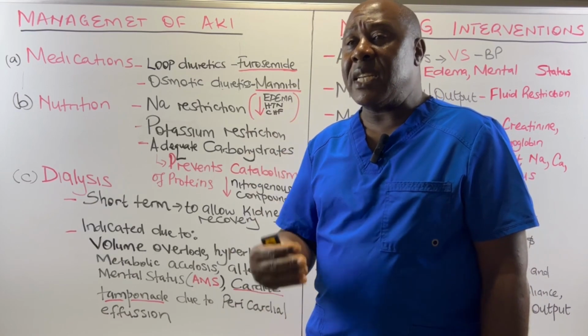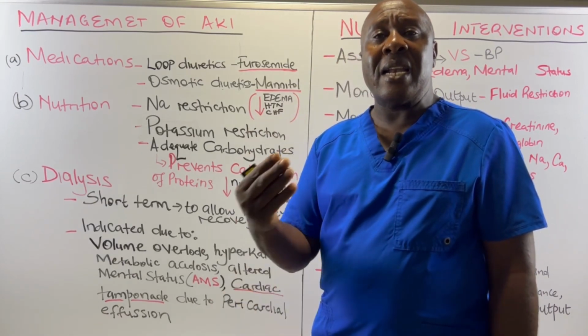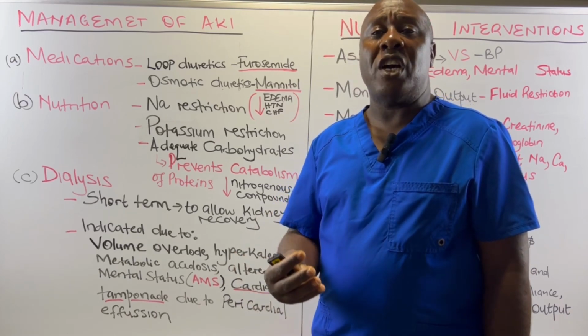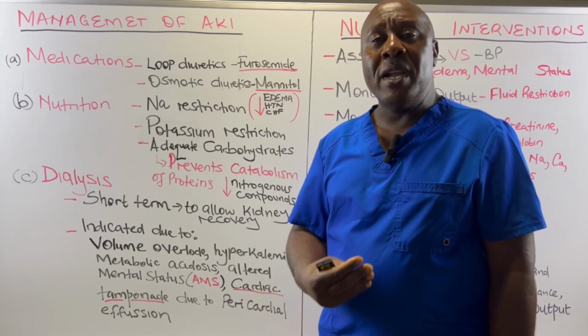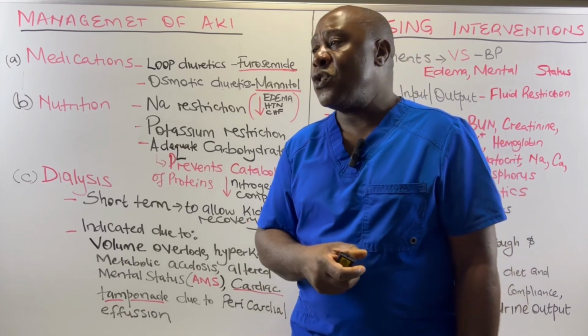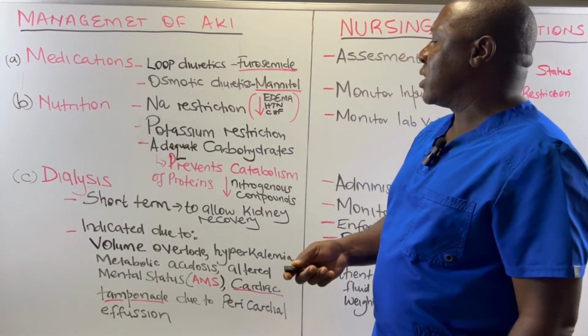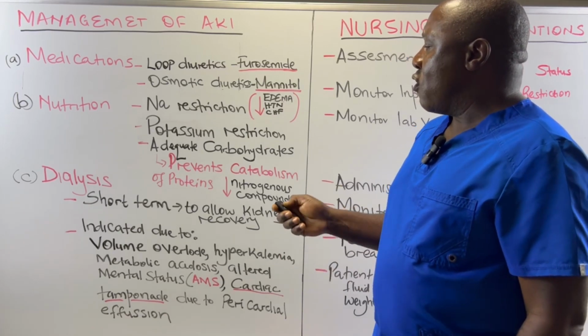Remember, the nitrogenous compounds are the ones that are cleared by the kidneys during filtration. So because the kidneys are injured, we have a risk of accumulating them in the bloodstream if we do not take caution. So we ensure adequate carbohydrates to prevent catabolism of protein.